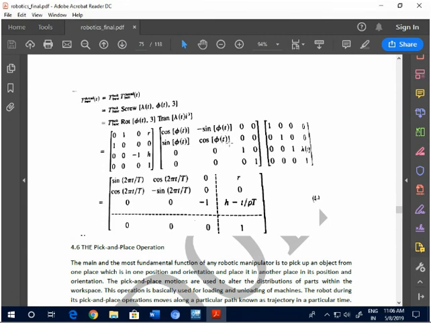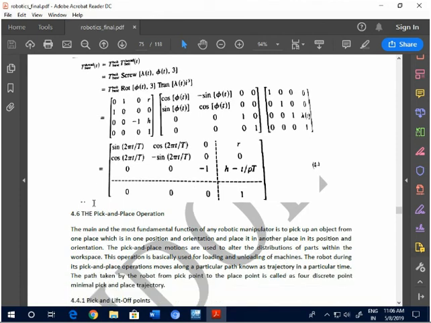So this will be the final matrix which we get: cos 2 pi t by T, minus sin 2 pi t by T, 0, 0; sin 2 pi t by T, cos 2 pi t by T, 0, 0; 0, 0, 1, lambda of t; 0, 0, 0, 1. So this is the screwing matrix.